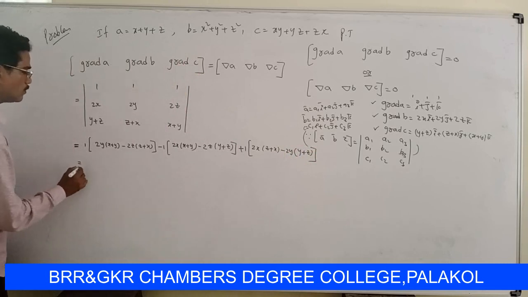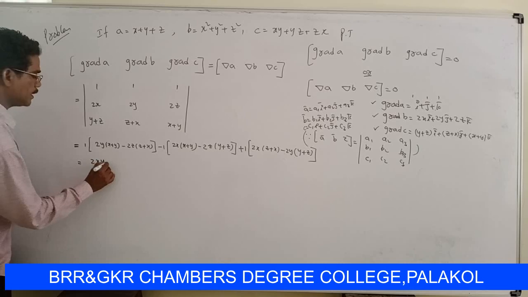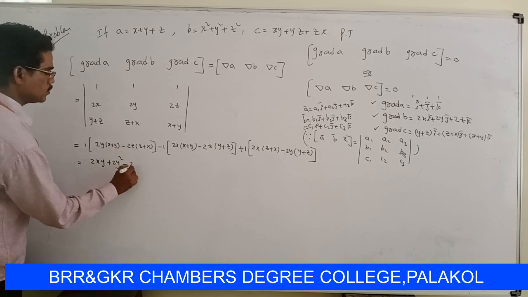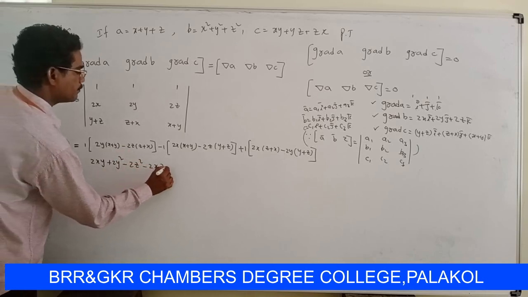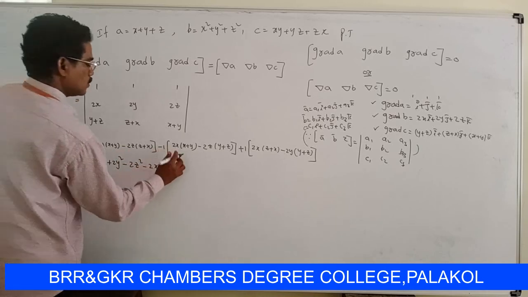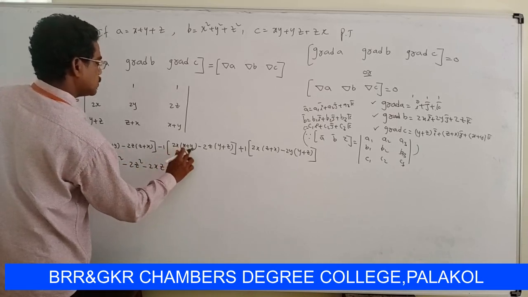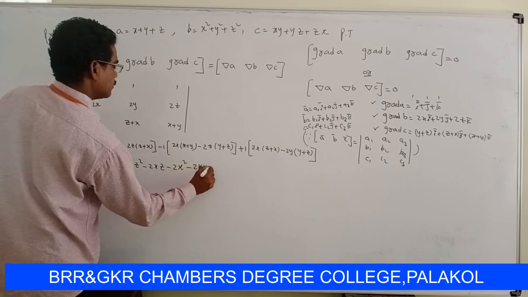Now the general multiplication is 2xy plus 2y square minus 2z square minus 2xz, minus 2x square, 2x into y already minus, so minus 2xy.